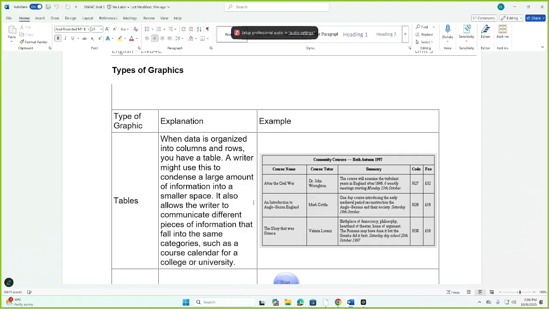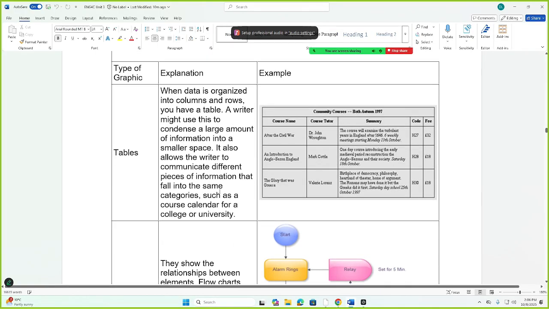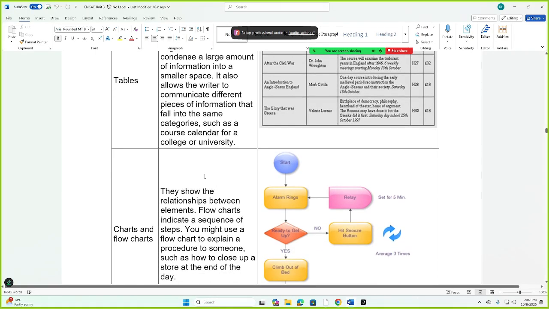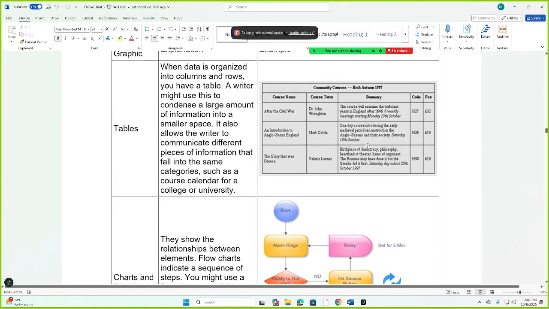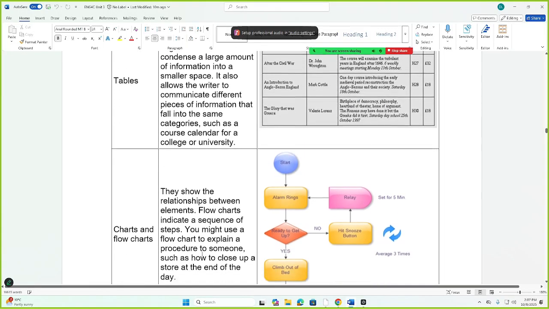A writer might use this to condense a large amount of information into a smaller space. It also allows a writer to communicate different pieces of information that fall into the same categories, such as a course calendar for a college or university. And there's our example immediately to the right of it in the next column.